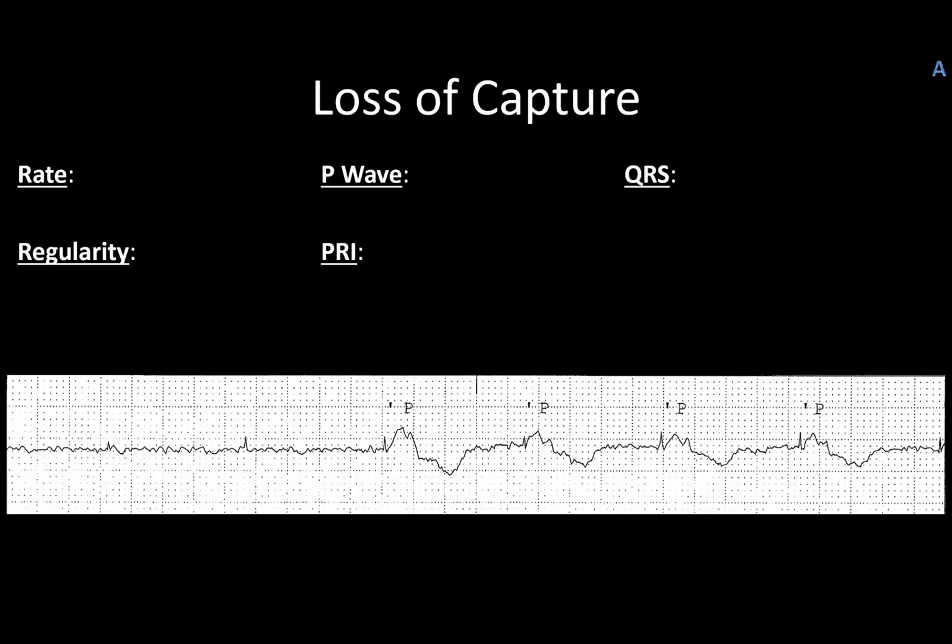So here's a real life example of pacemaking from my collection. And we'll just go ahead and mark this like usual. So we have a heart rate of 40.